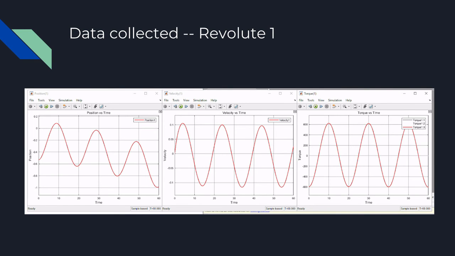So here's our data collected through Simulink. Our first graph shows our position, our second graph shows our velocity, and the third graph shows the torque.